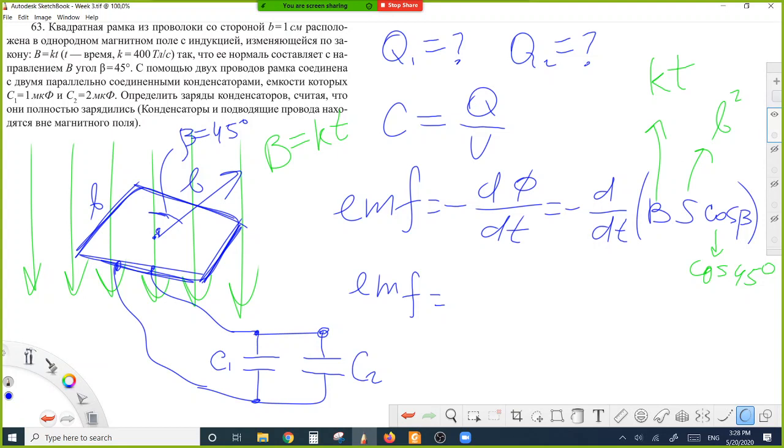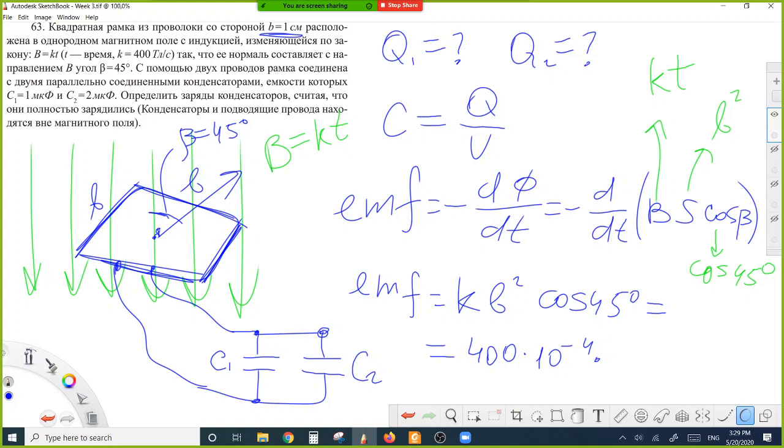If we take a derivative of this expression with respect to time, we have k b squared cosine 45, and the numeric value of this is: k is 400, b is 10 to minus 2, b squared is 10 to minus 4.